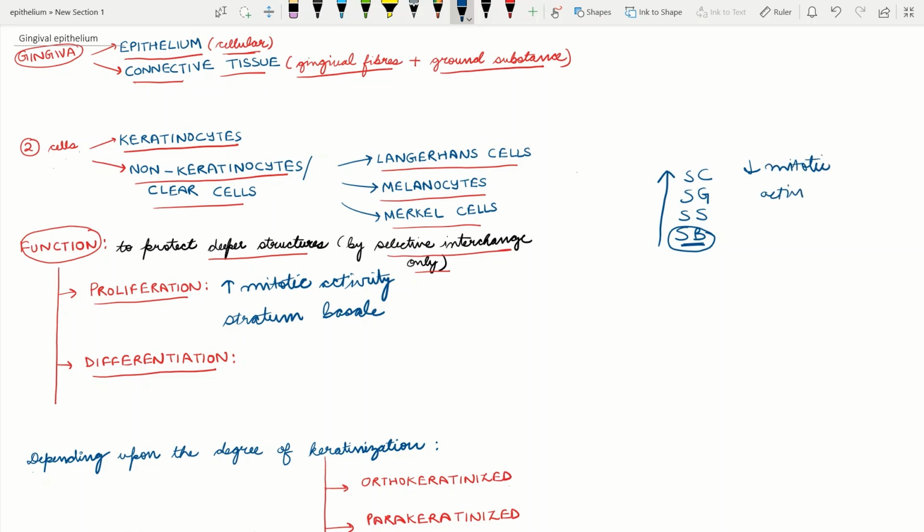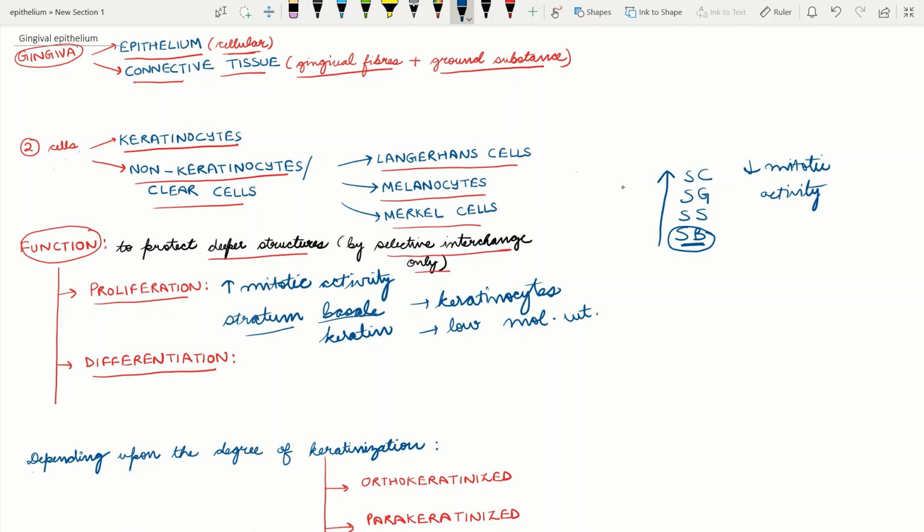So in this layer of stratum basale, there is proliferation of cells, that is your keratinocytes. These keratinocytes will be proliferating at a rapid rate. And the keratin that is produced here is of low molecular weight. So the keratin production is less and the mitotic activity is more in case of your stratum basale.